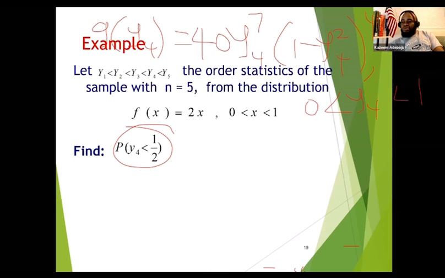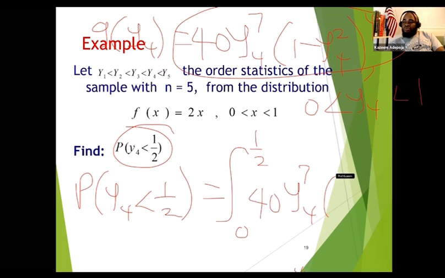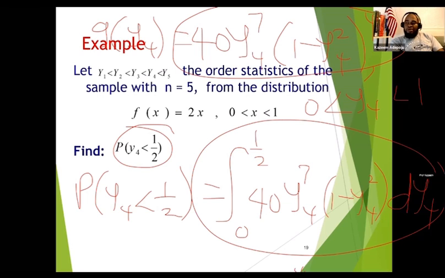You can check if this is correct by seeing whether it integrates to 1, before you use it to find the probability of y4 less than half. So the probability of y4 less than half will be equal to the integral from 0 to half of 40 y4 raised to power 7, times 1 minus y4 squared raised to power 4, dy4. Whatever I get there is going to be my result. You can solve that out.